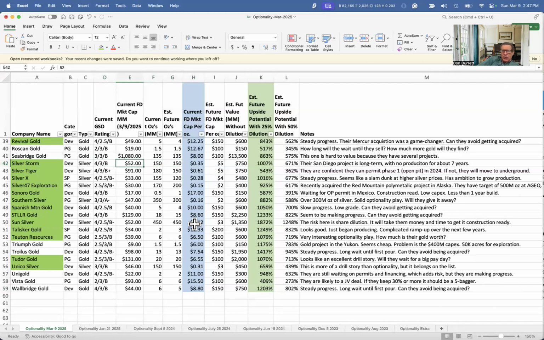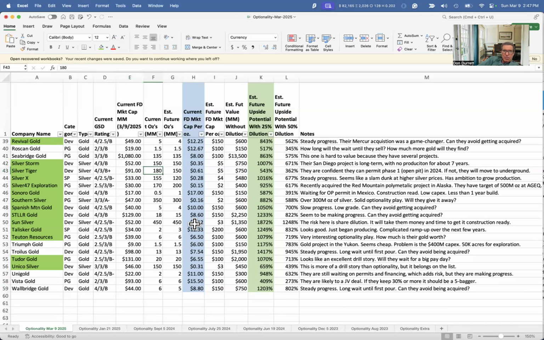This is another one where I'm not super excited about the management team. They seem to have not a lot of experience, if you will. And so we're betting there, but I think they're not going to have trouble making money on the mine they're going to put back into production. As long as silver gets above 35 this year, they should be okay. Then they can take that money and build San Diego. And if I can pay 35 cents in the ground for San Diego, I'll take it.